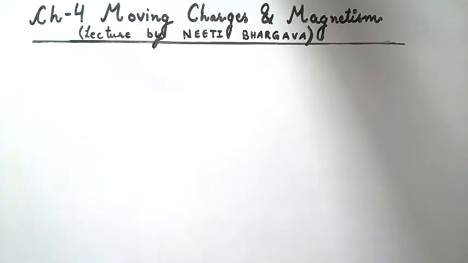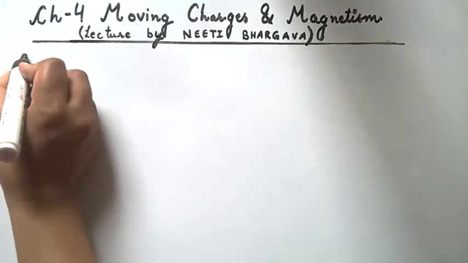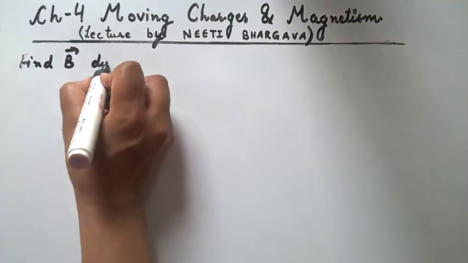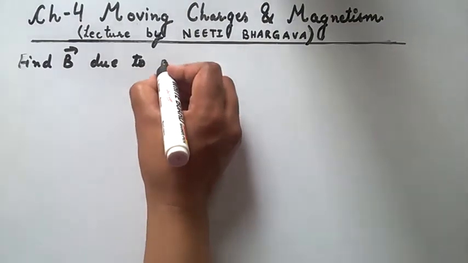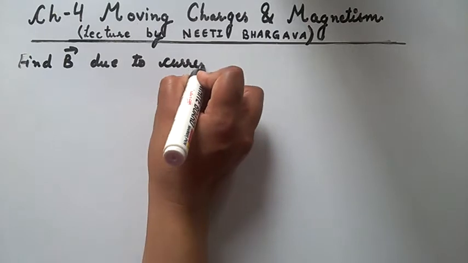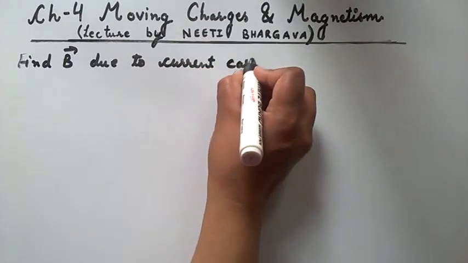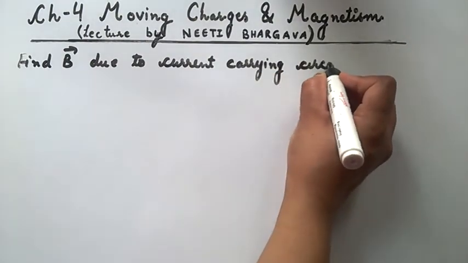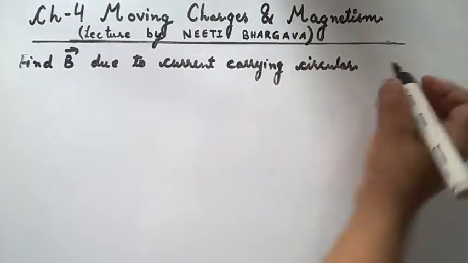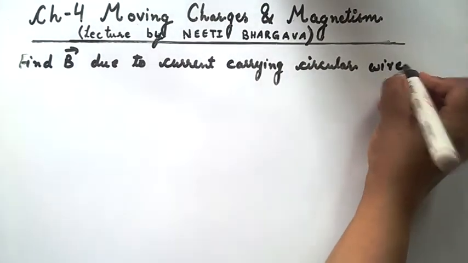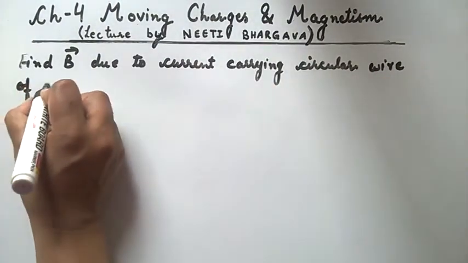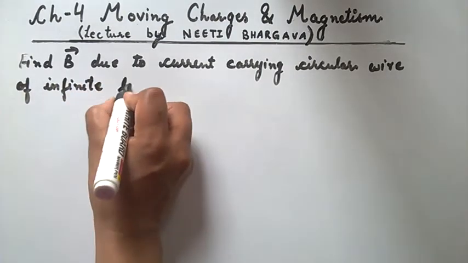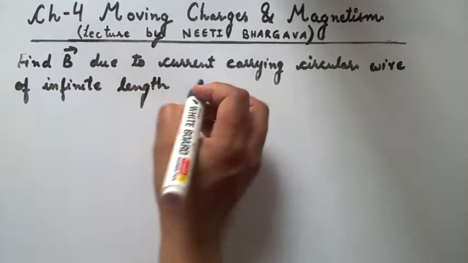Now let's find the value of magnetic field due to a current carrying circular wire of infinite length by using Ampere's circuital law.